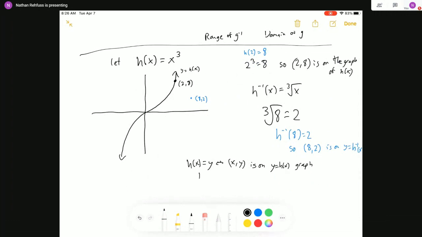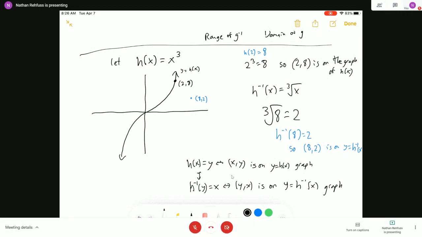But if I say h of x is y, and h has an inverse function, that means that if I plug y into the inverse, h inverse of y, that has to be x, and that means that y, x is on the y equals h inverse of x graph. So just like the domain and range changed places, the x and y coordinates have changed places. Now this point has to be on this graph.